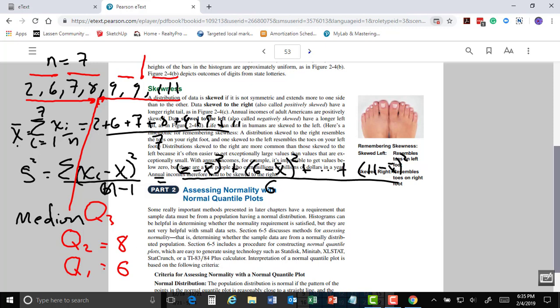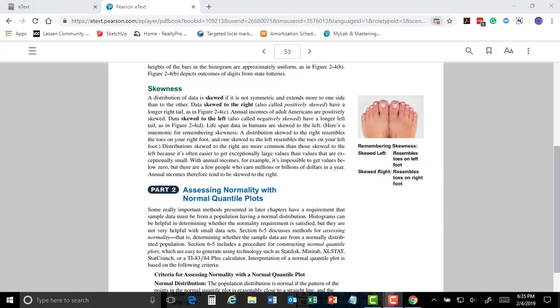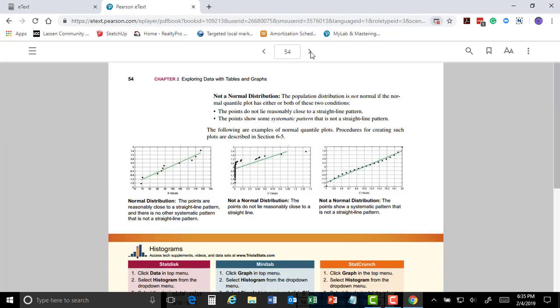Now, if you look at the graph of this quartile, okay, this is a quartile graph. So if your observations line up pretty well along this, then this is evidence of a normal curve without even looking at the histogram. Okay?